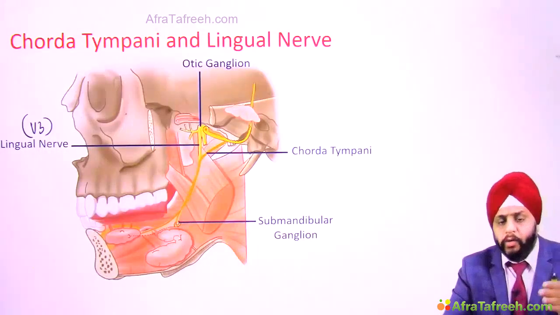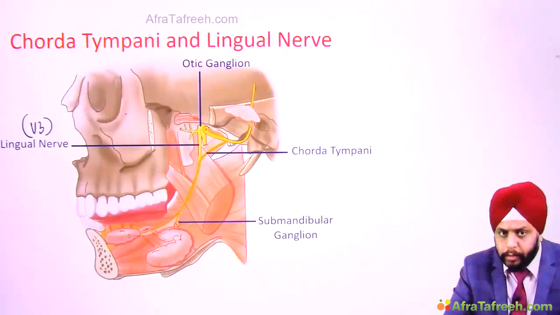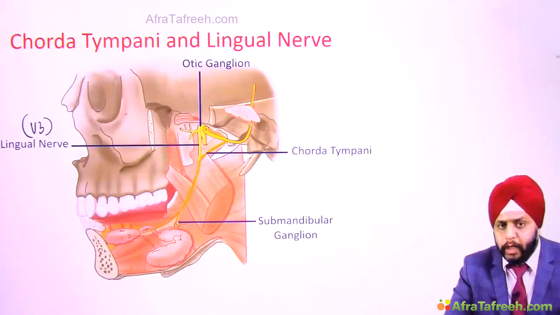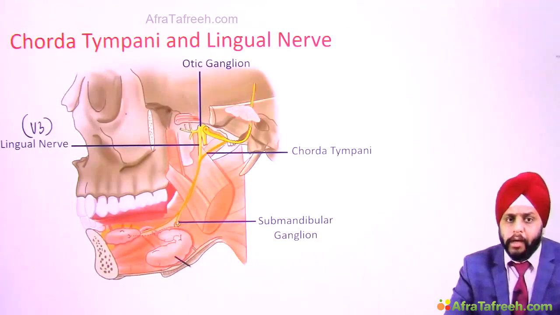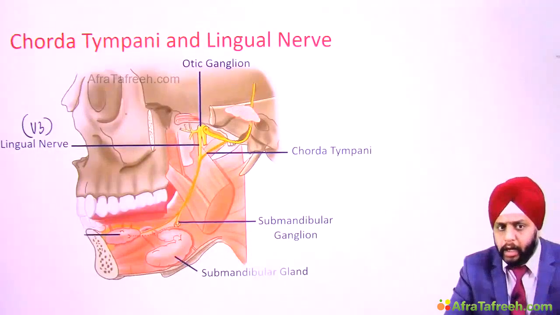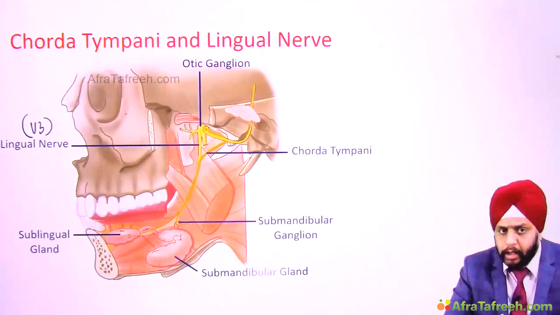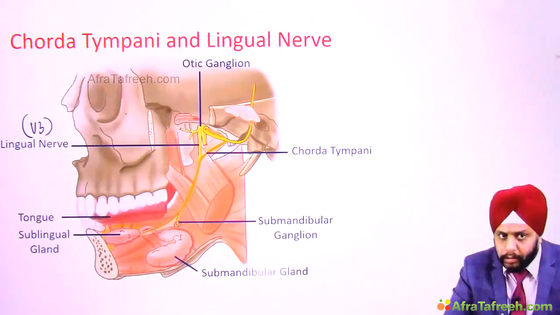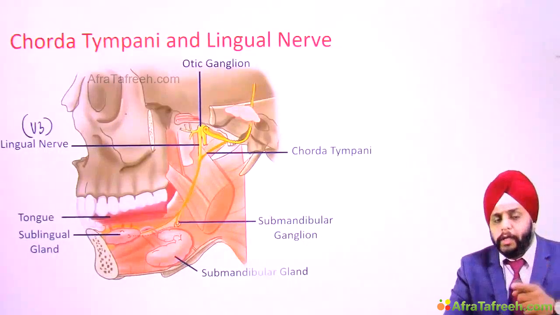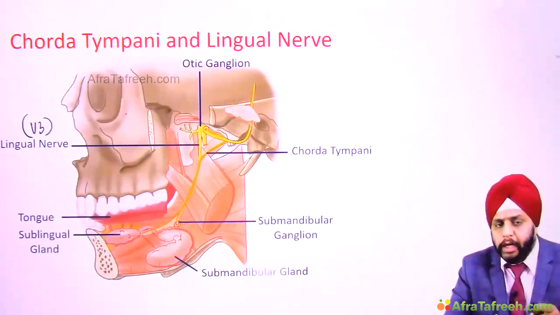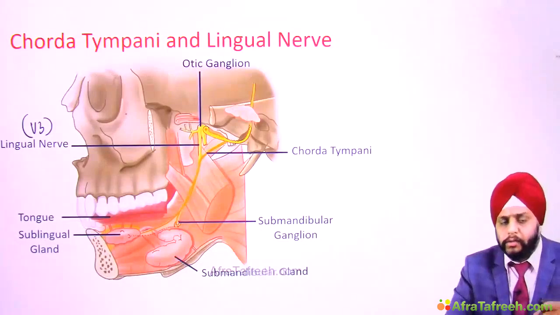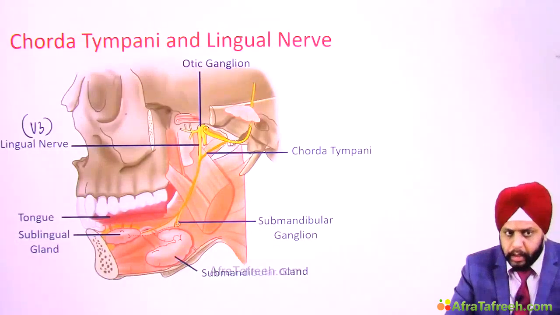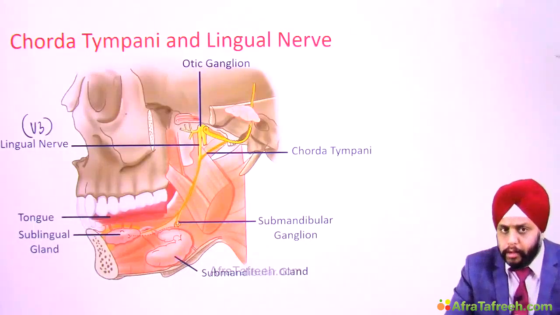And where do they go? They go to the submandibular ganglion. After relaying in the submandibular ganglion, the chorda tympani nerve supplies the submandibular gland and the sublingual gland, and it also gives taste to the anterior two-thirds of the tongue. And the lingual nerve gives the remaining supply, the pain, the temperature, the touch sensation to the tongue. That is given by the lingual nerve.